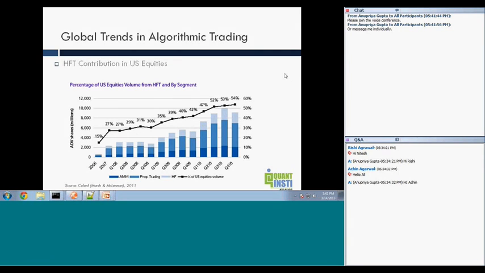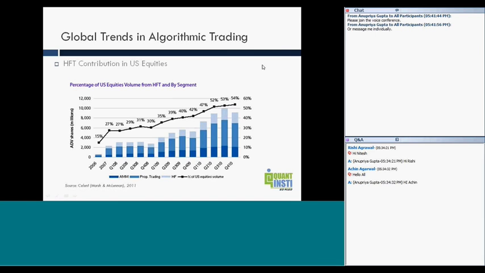On the left hand side of the y-axis we have average daily volume, shares in millions, which has been rising considerably in the past few years. In 2010 we saw a drop, which can be attributed to some of the changes in regulations which came up primarily in the US. The Volcker rule is also one of the reasons impacting algorithmic trading a bit.